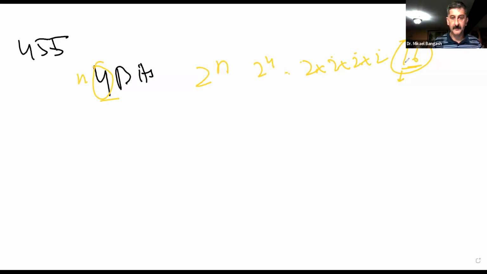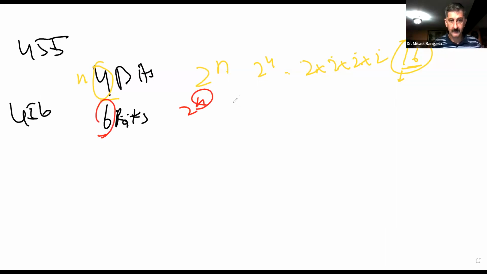That's 456. It asks the very same thing, just with a different number of bits, which is 6 bits. It will become 2 raised to the power n, where n is 6, which means 2 raised to the power 6, which means 2 times 2 times 2 times 2 times 2 times 2.